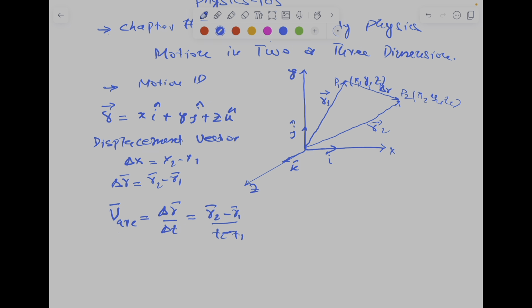So the velocity has the same direction as the displacement. In this case we have this direction.